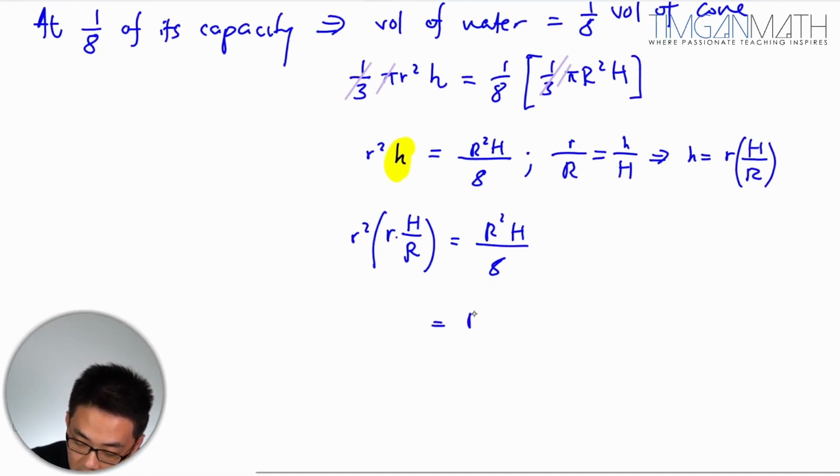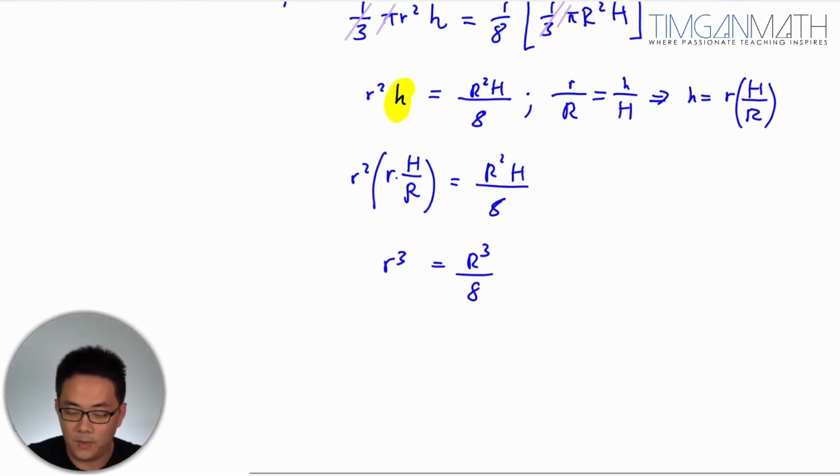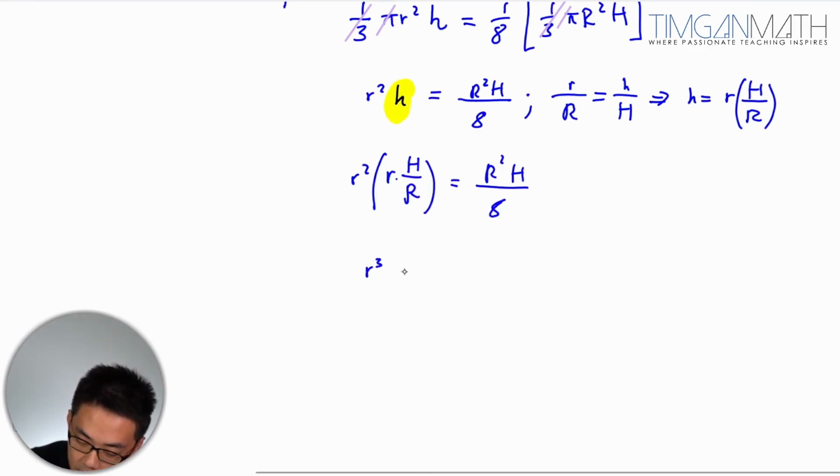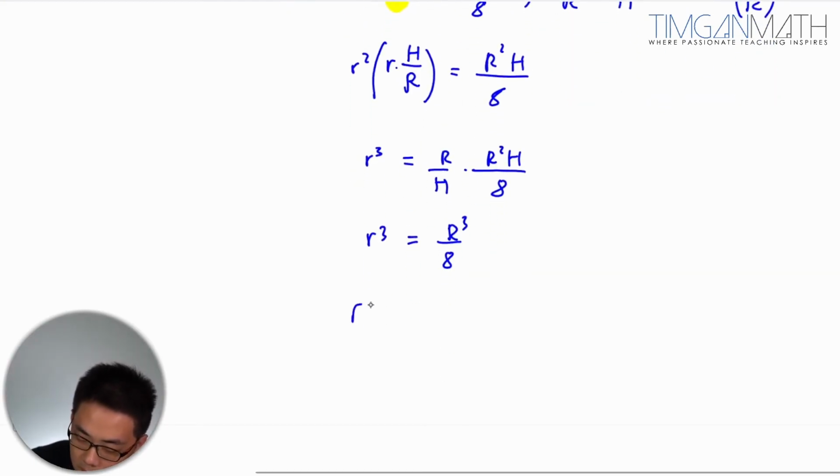So this will be r cubed equals R cubed over 8. So r will be the cubic root of R cubed over 8, which is R over 2.